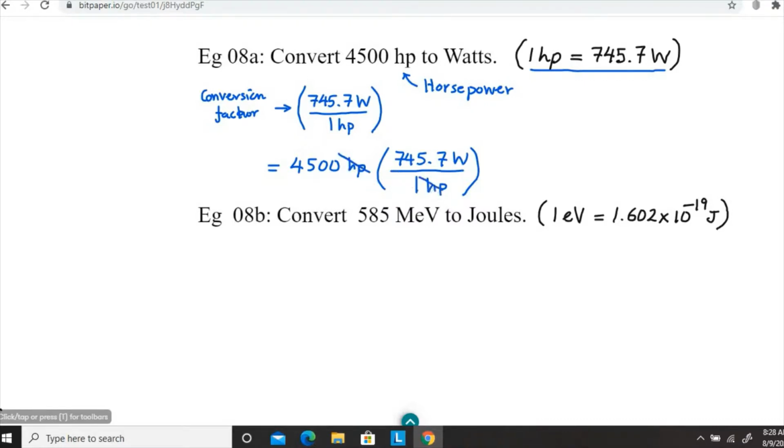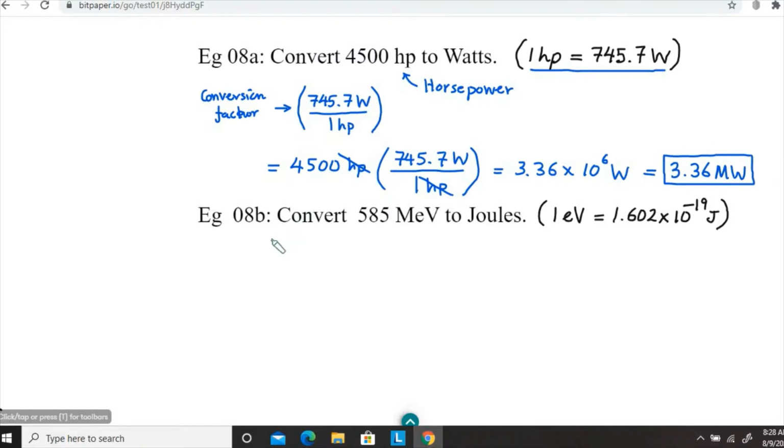So HP will cancel out with HP, and then you'll end up with 3.36 times 10 to the power 6 watts. Or else you can use the prefix mega, and then you can write it as 3.36 megawatts. So that's your final answer for this example.